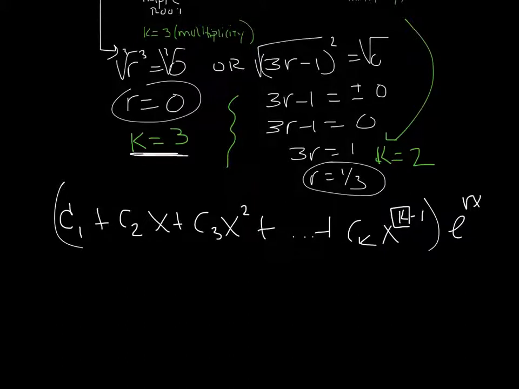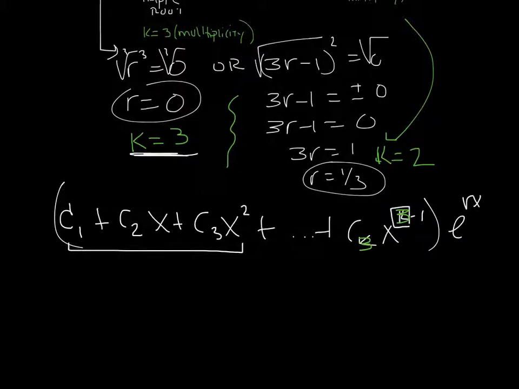If we work with the first k and plug in 3, 3 minus 1 is 2, so that really means I only have to go up to the second power.